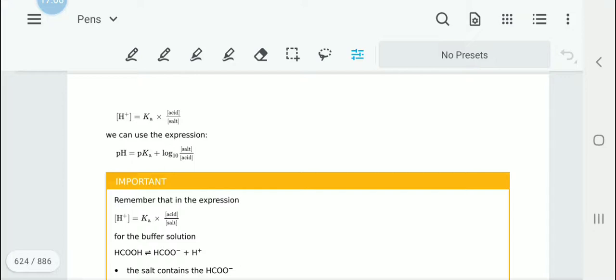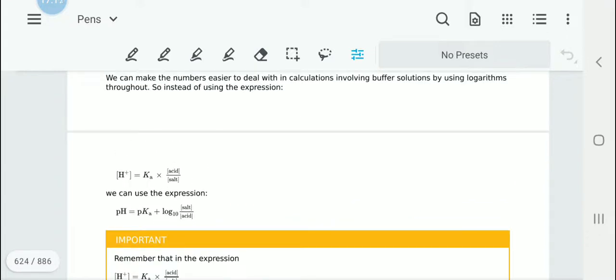Write down the equation: H+ ion concentration is equal to Ka times acid concentration over salt concentration, which can be written as pH is equal to pKa plus the logarithm of salt concentration over acid concentration to the base 10.